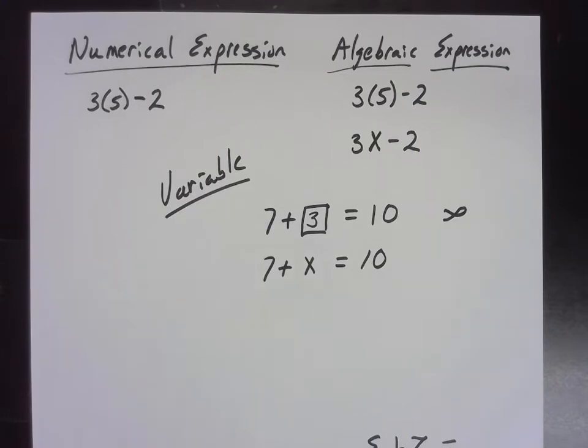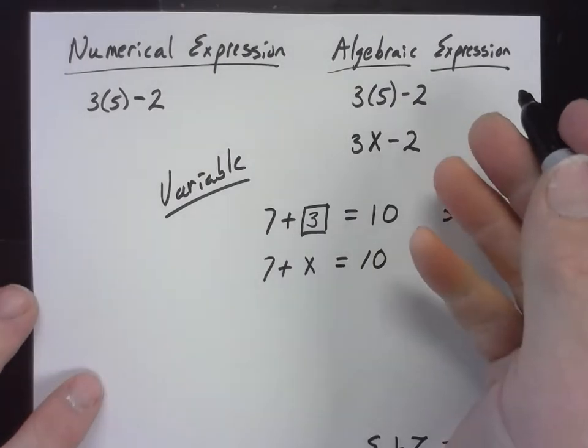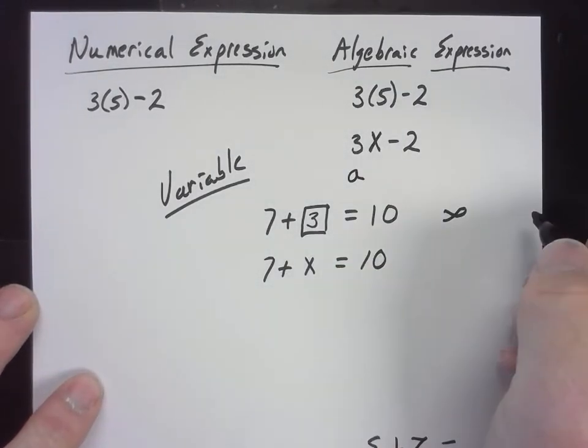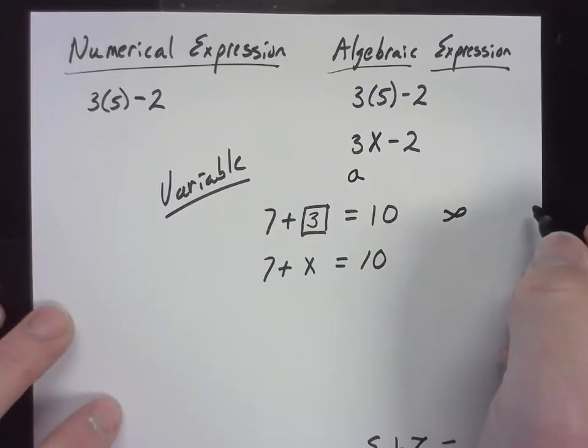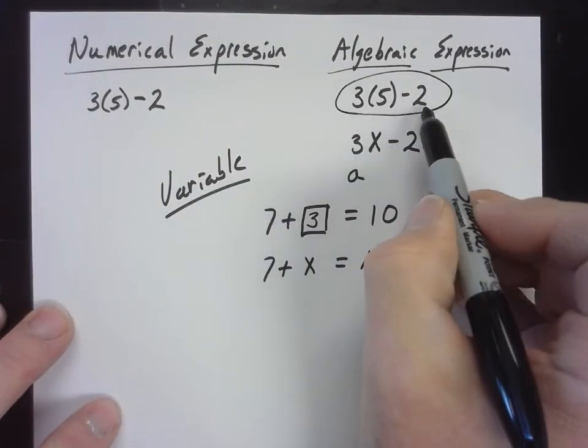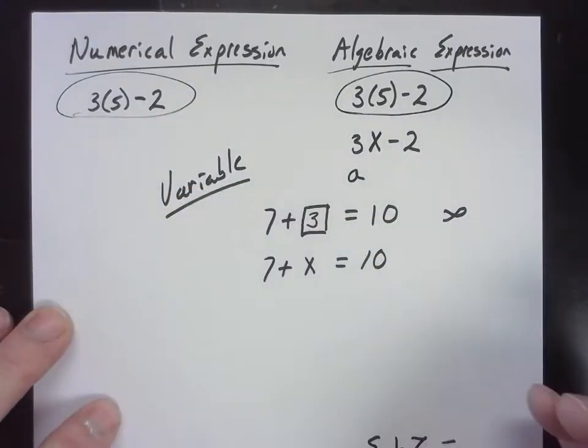It's just easier to use a letter to represent an unknown number. So we need to understand that. So an algebraic expression can be really simple. It could just be a single variable like a. Even if it doesn't have a variable in it, we can still call it an algebraic expression, although usually we'll call it a numerical expression.